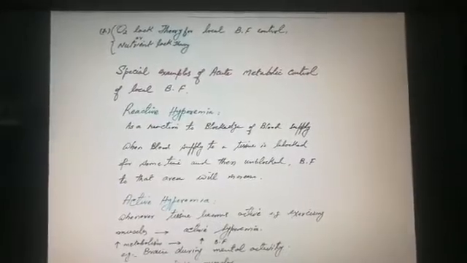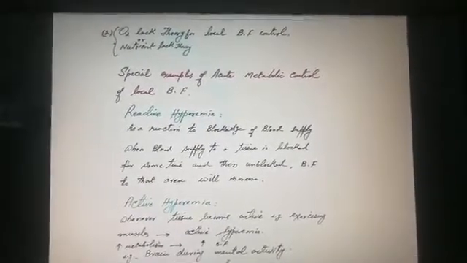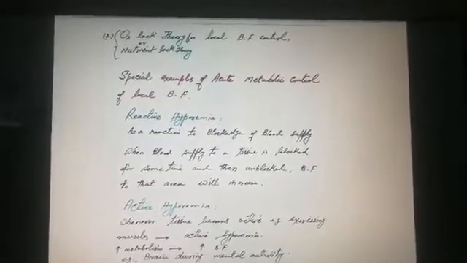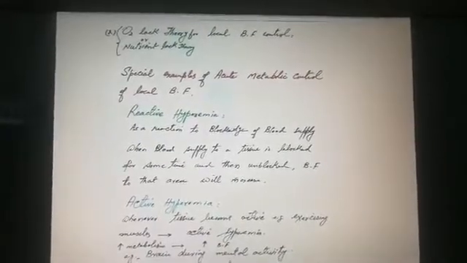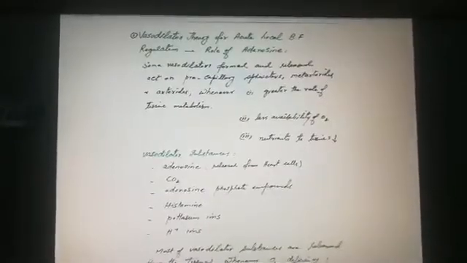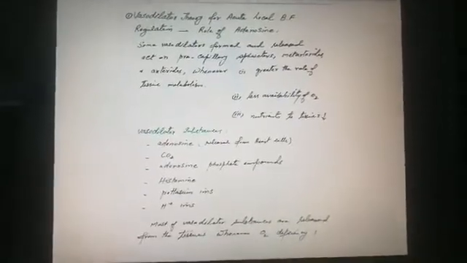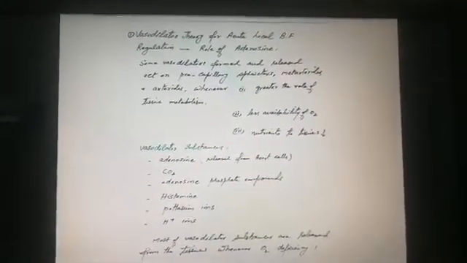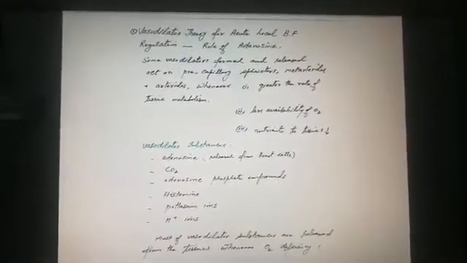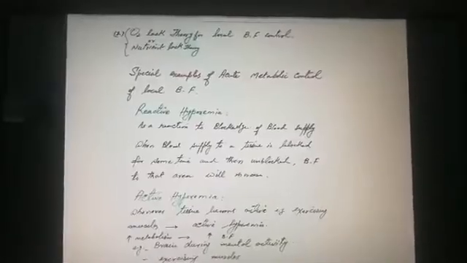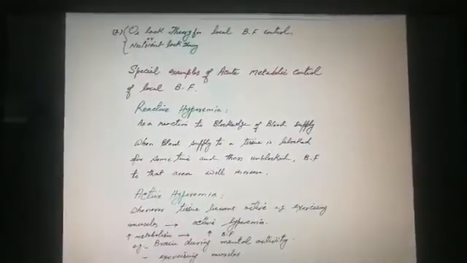Oxygen lack theory for local blood flow control, or nutrient lack theory. As you have studied in the first lecture about vasodilator theory, and the second is oxygen lack theory.